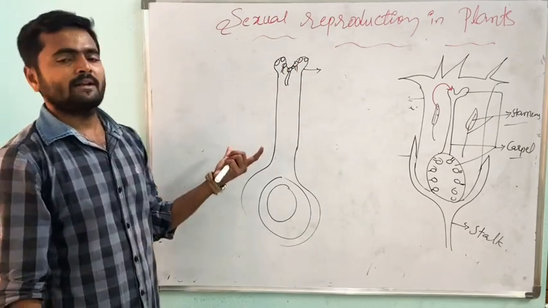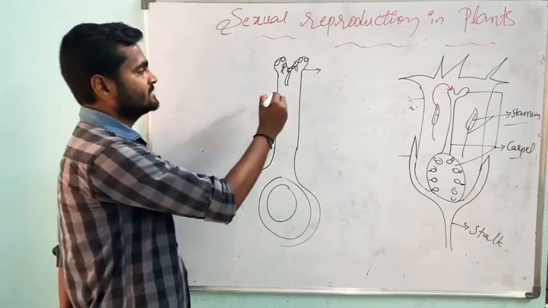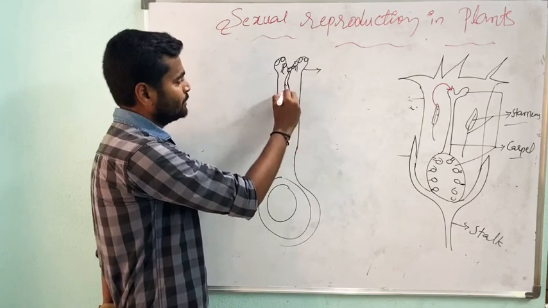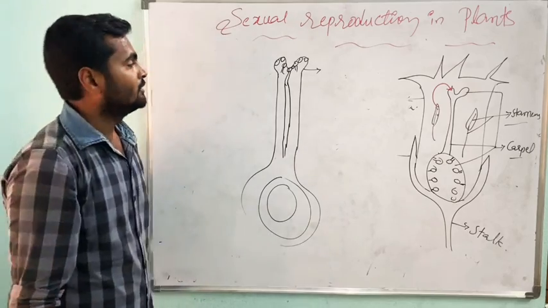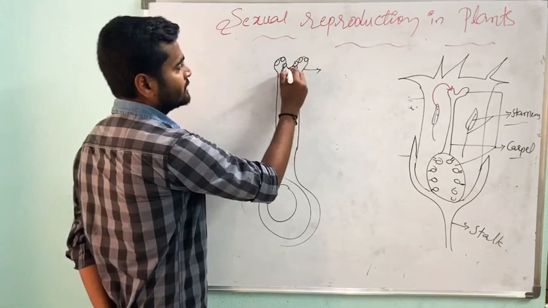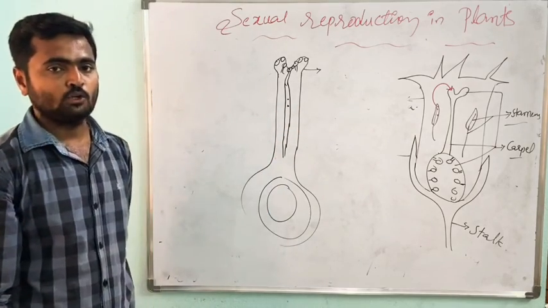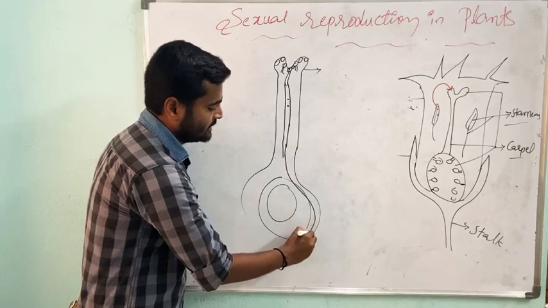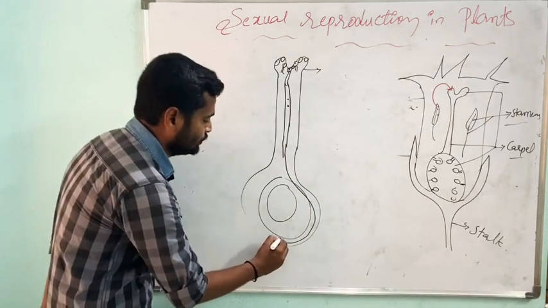A number of pollen grains will reach the stigma. Only a few of them can germinate, and very few can extend their pollen tube towards the ovary. From the pollen grain, two nuclei are pushed into the pollen tube, and they travel through the style and reach the ovule.